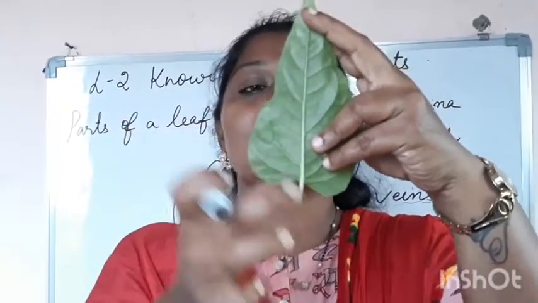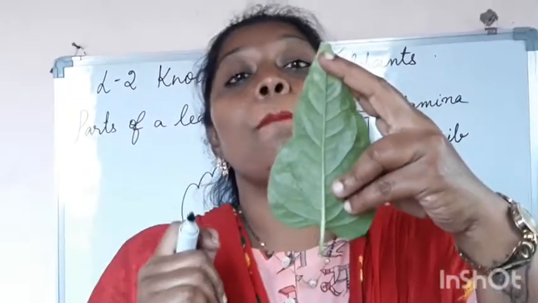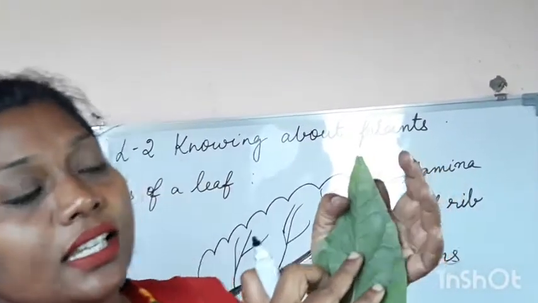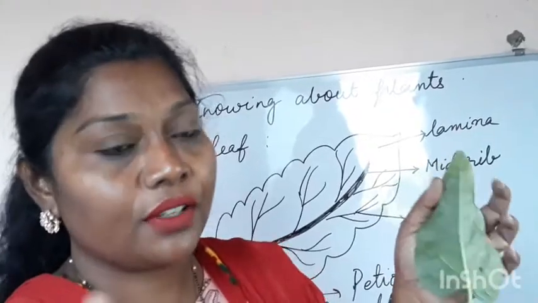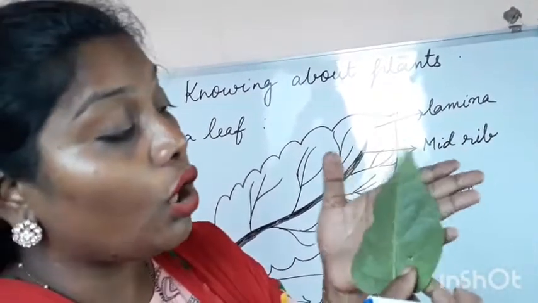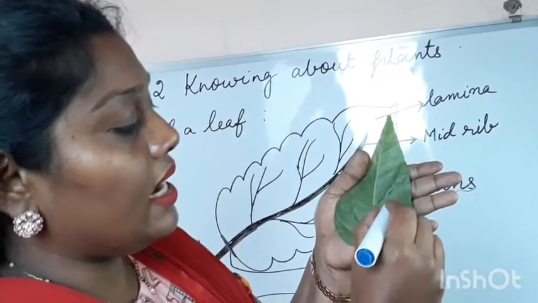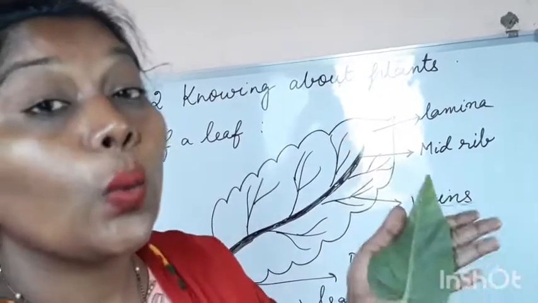It is called the midrib. What is it called children? Midrib. From this midrib, you can clearly see, children, you go into your garden and pick a bigger size leaf so that you can clearly observe all these parts. Okay. See here, there are a few lines which are coming from the midrib. So these are called veins.